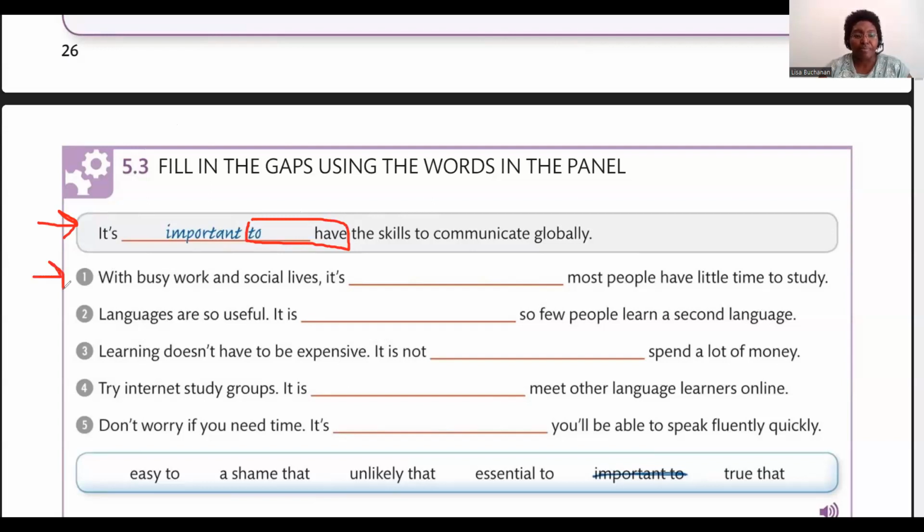Number 1, with busy work and social life, it's blank. Most people have little time to study. It's true that. Why don't I type them in for you here? True that. Most people have little time to study.